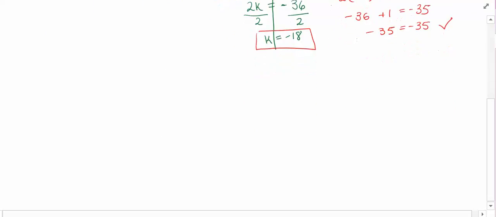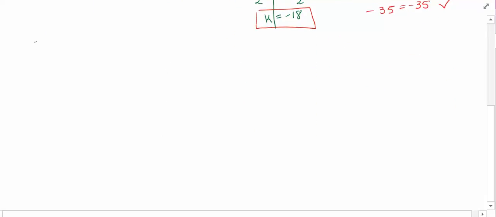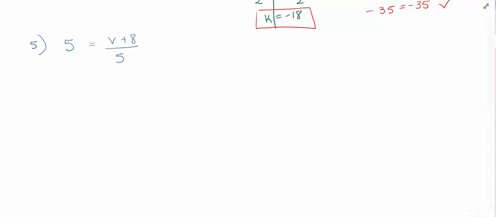Alright, so number 5 is a tad different. We have 5 equals v plus 8 divided by 5. Now, in this instance, if we were working forwards, if we knew what v was, we would add 8, then divide by 5. So we need to work backwards. So we are actually going to first get rid of this division part.